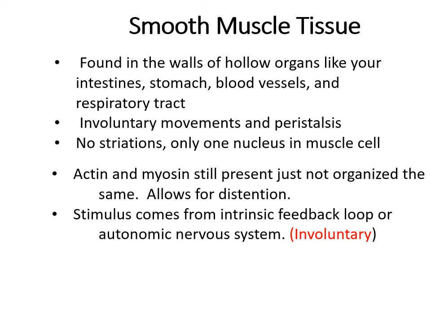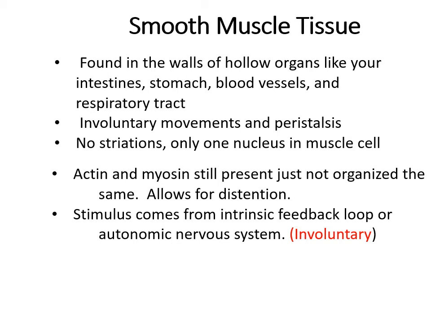Okay, so smooth muscle is typically under involuntary control. So it's usually controlled by the autonomic nervous system, which is an involuntary system in the brain.